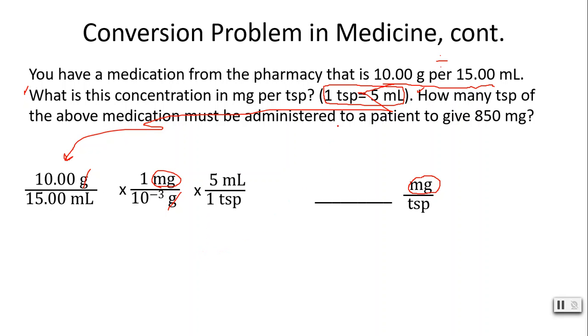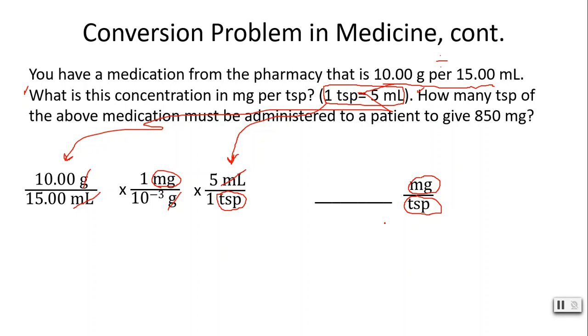So I write that conversion factor, that equivalency, as a fraction, and I write it like this, so my milliliter units cancel. So this milliliter unit cancels all the way with this milliliter unit. I'm left with teaspoons in the denominator. And hey, that's what I'm looking for.